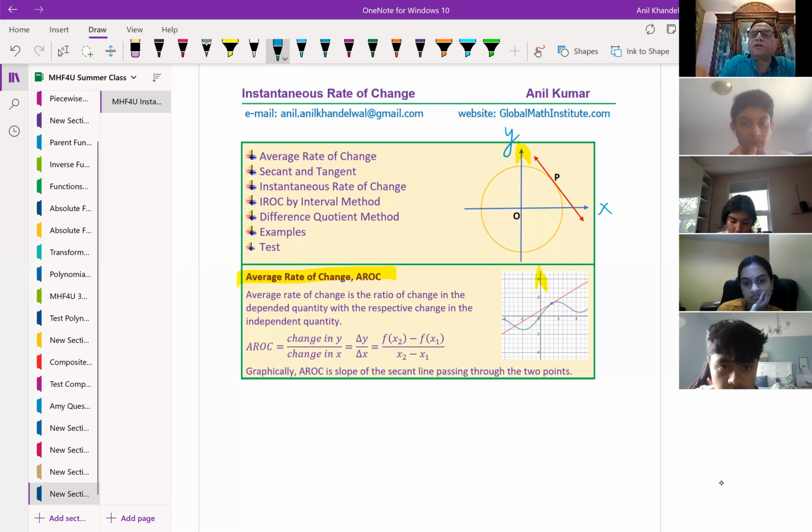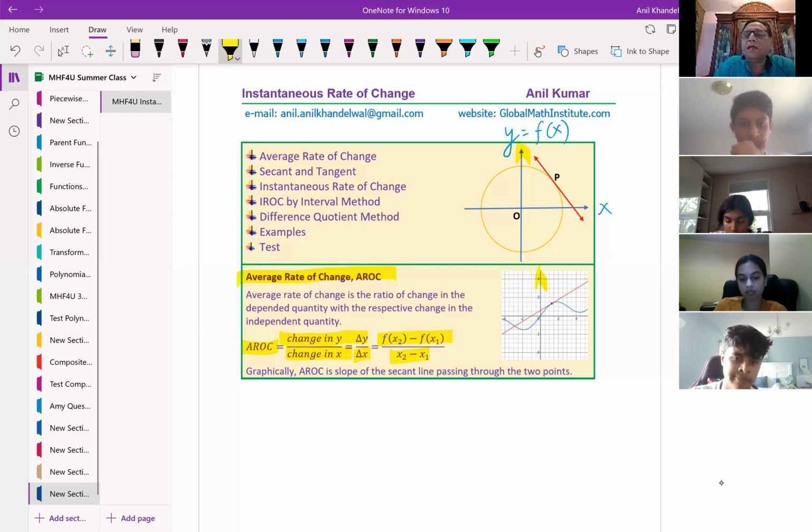When we write in function notation, y is written as f of x. And therefore, when we say difference in y values, we say f of x2 minus f of x1. So average rate of change is change in y over change in x. That is delta y over delta x, f of x2 minus f of x1 divided by x2 minus x1. Okay, that is what it is.